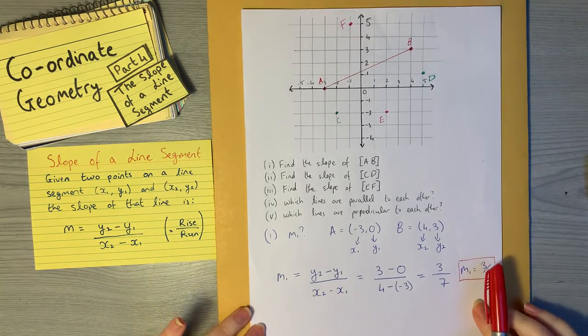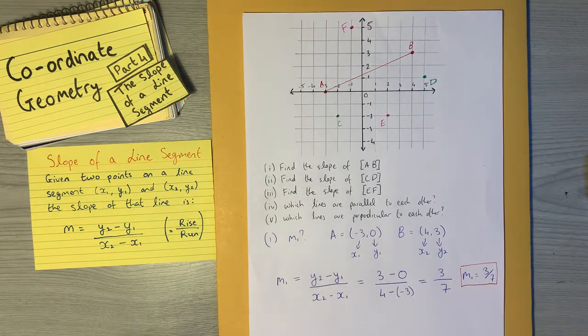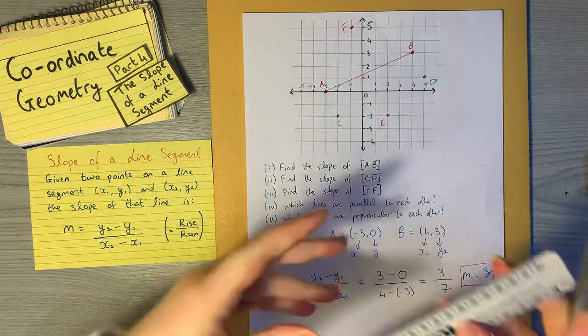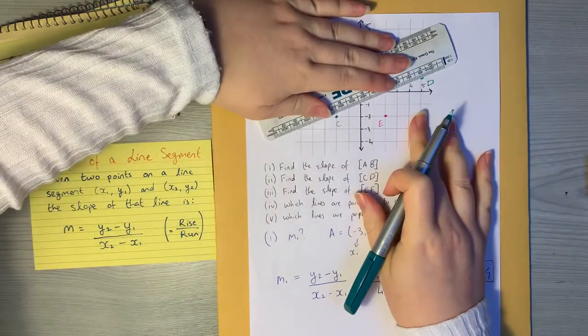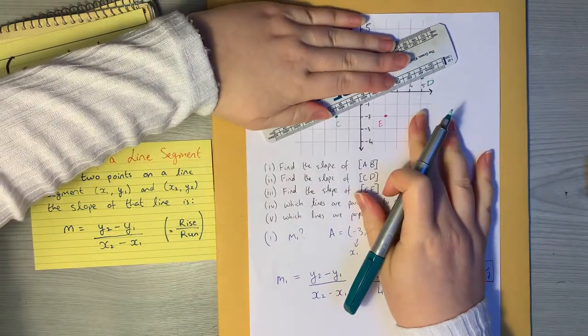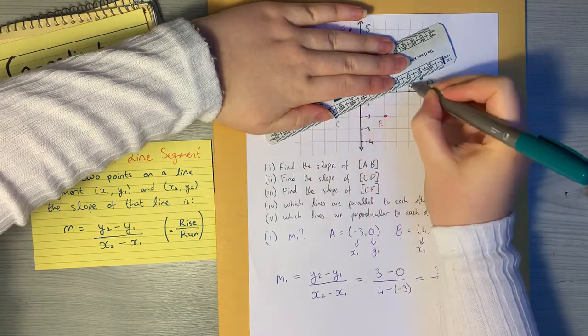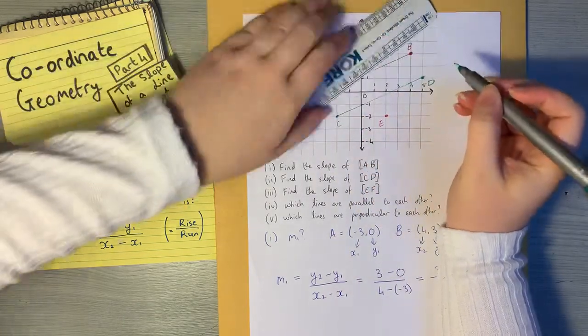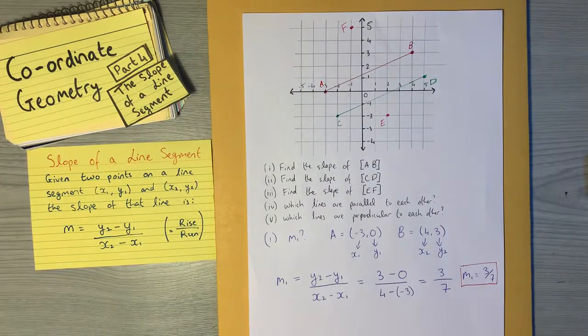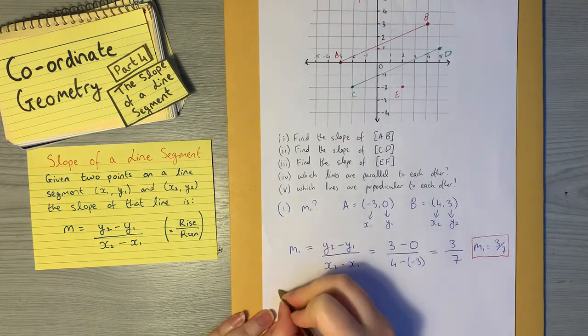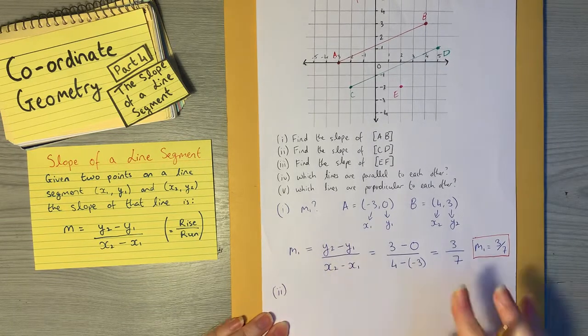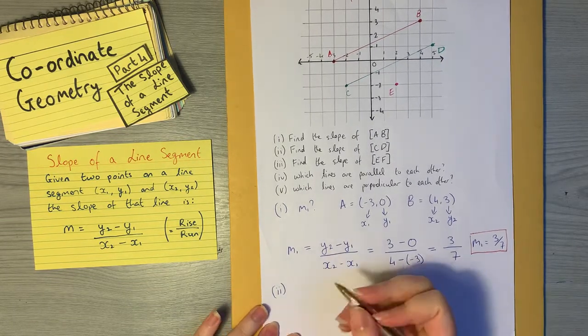Okay, not so bad. So then my second question is asking me to find the slope of CD. So that's this line here, going from C to D. Okay, same thing again.